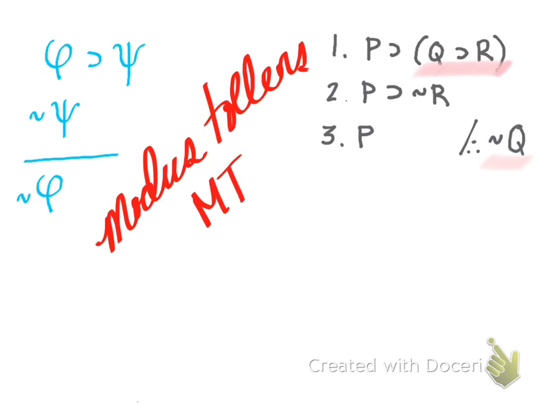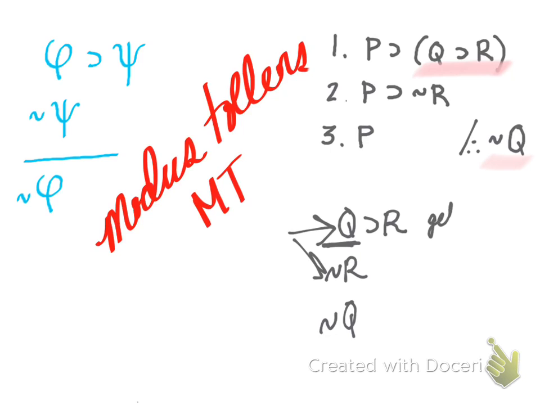If I could somehow, using our rules, get this conditional on its own line, maybe that's what I'll end up working with to get not Q. And indeed, what I want, not Q, is the negation of an antecedent. And modus tollens is a rule that lets me get a negation of an antecedent. I would need not R to do that. If I had these two things, then I could get not Q. So I have this sort of plan.